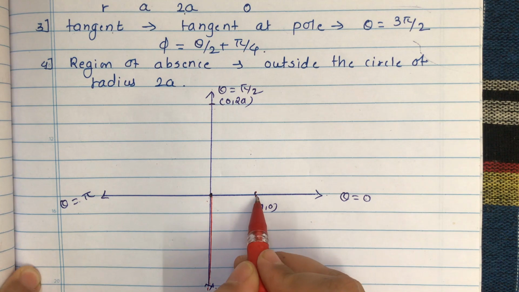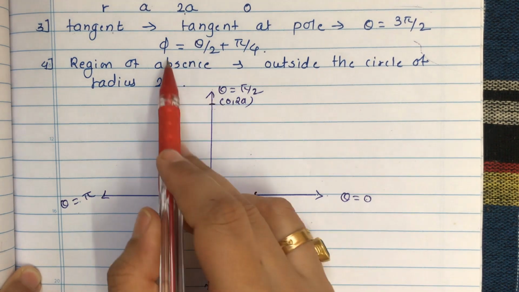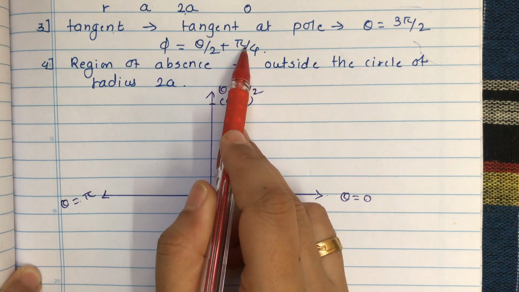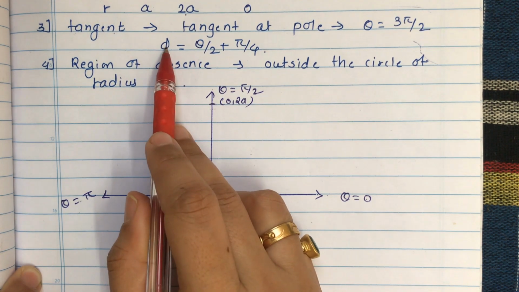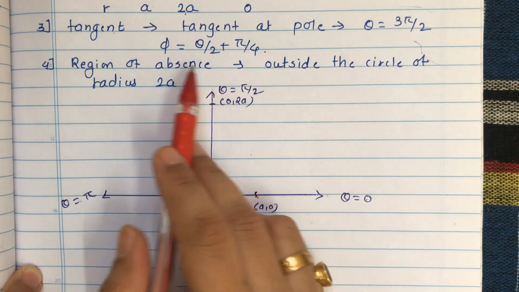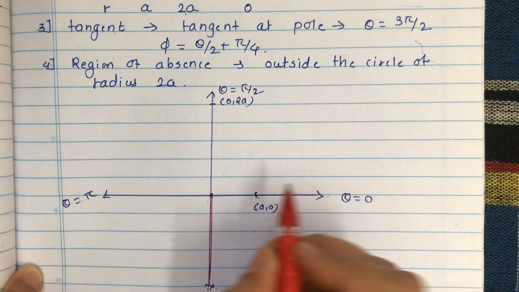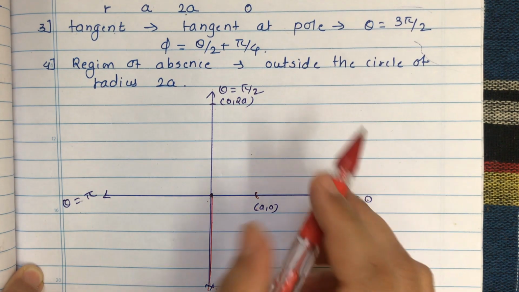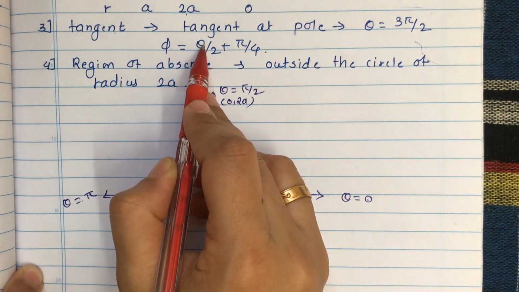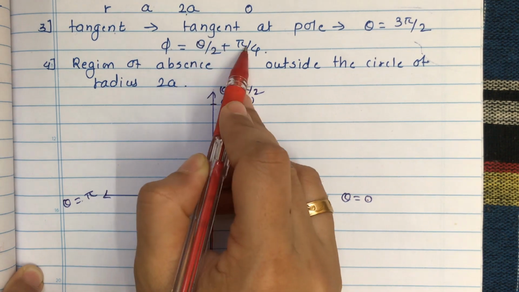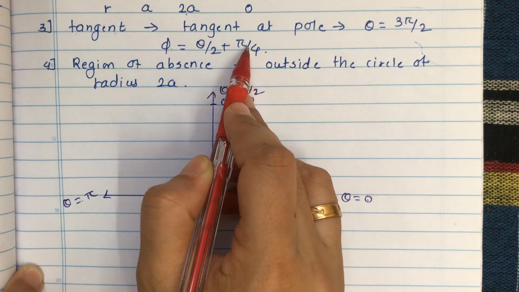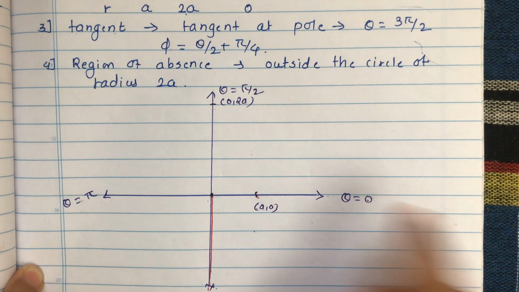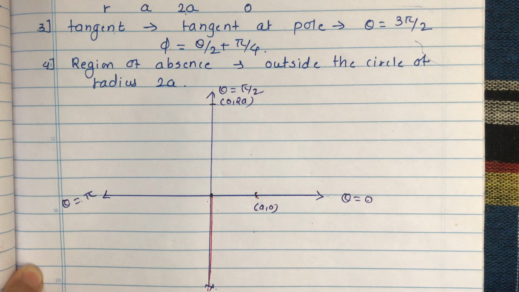Now other than the pole, when we have to draw a tangent, we'll use this formula: phi is equal to theta by 2 plus pi by 4, where phi is the angle between the radius vector and the tangent line. Now for theta is equal to 0, I will substitute theta is equal to 0, so 0 plus pi by 4, so phi is equal to pi by 4. So at this point, what is the radius vector?